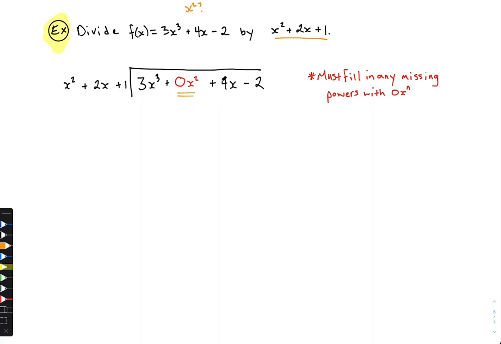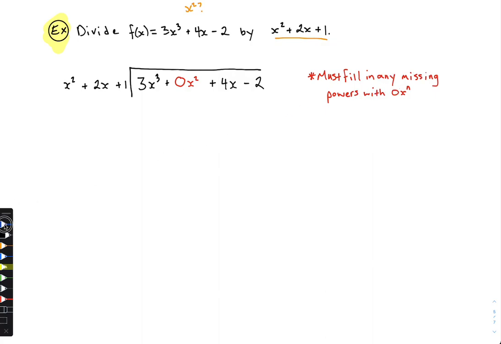So when I read my function down, I should have x cubed, x squared, 1x, and 0 x's. Whenever I'm doing anything with my functions in this division, I need to make sure I've got each power of x represented: x cubed, x squared, x to the first, x to the 0. So that's what this note over here means: must fill in any missing powers of x.